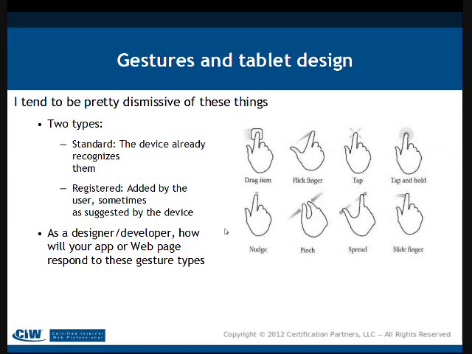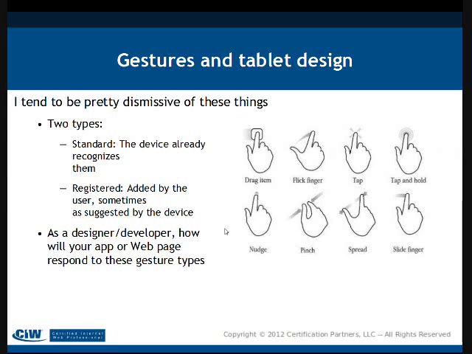And then there are registered types of gestures, where the device may suggest these things to you, or may be ready to learn certain gestures as you do them. But as a designer, I think you need to focus on the standard, basic ways in which gestures work.